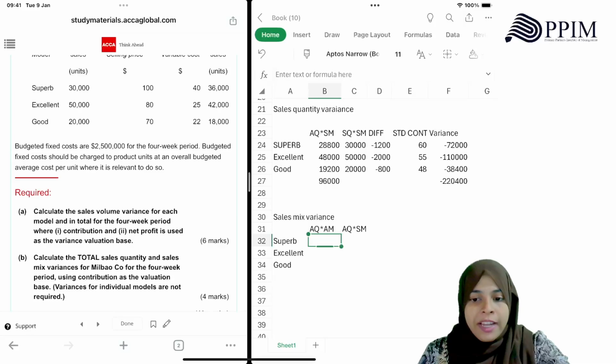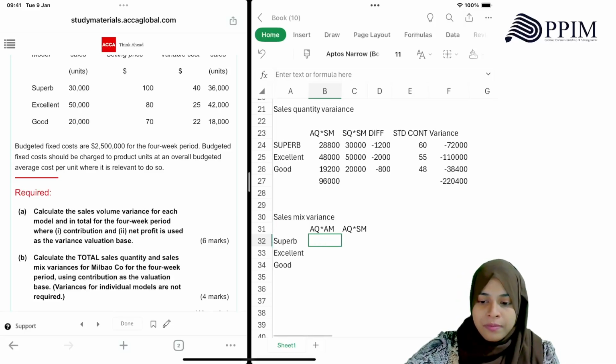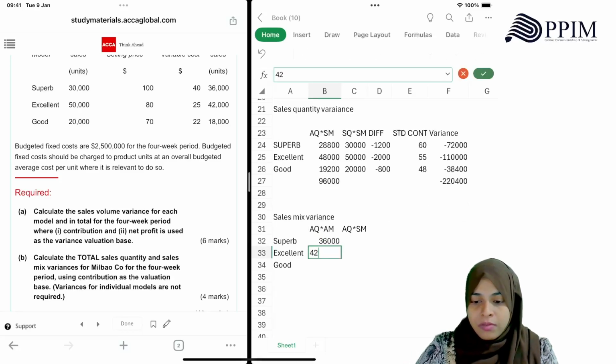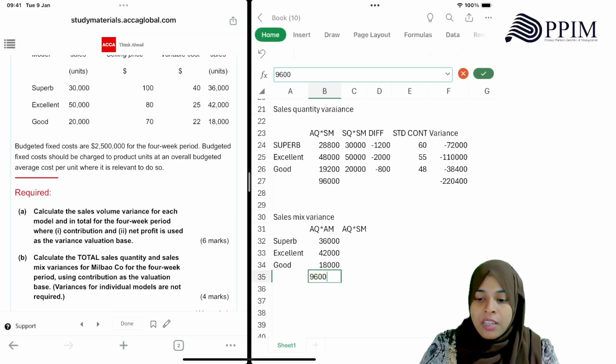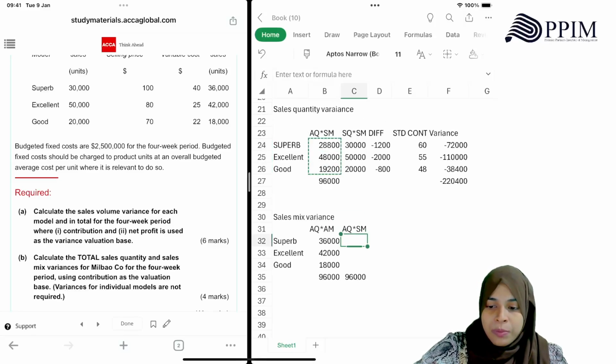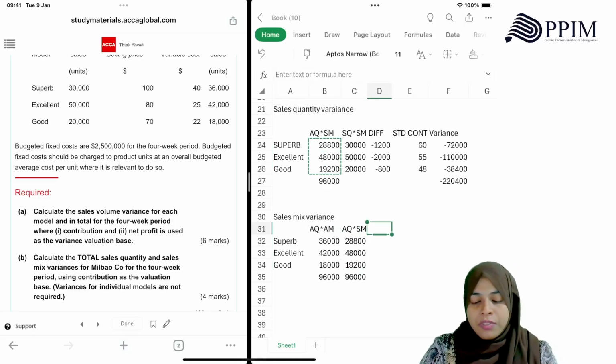So actual quantity in the actual mix, what did we actually end up selling? 96,000 units. Now if this actual quantity was divided in the standard mix, we already have it on top, we did it. So we'll just paste it. Take the difference.